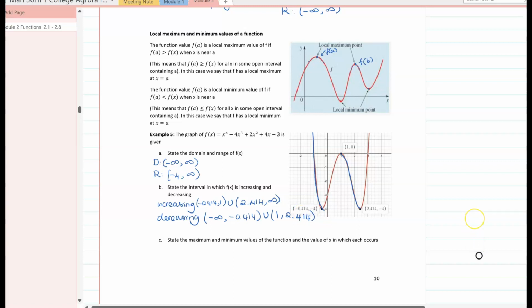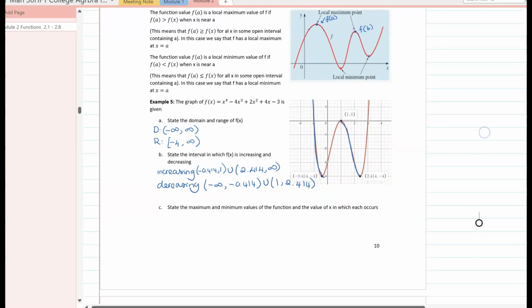State the maximum and the minimum value of the function and the x in which each occurred. The minimum value is talking about the y value. So maximum at x equal to 1, and f of 1 is equal to 0.